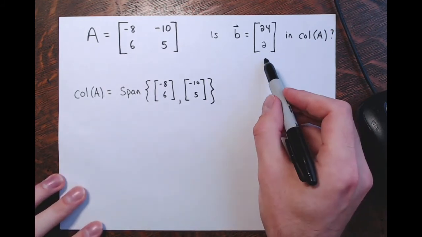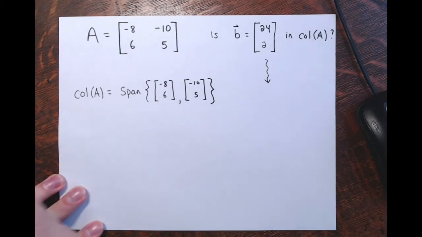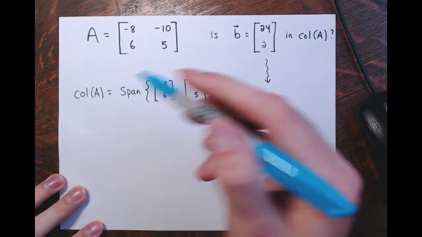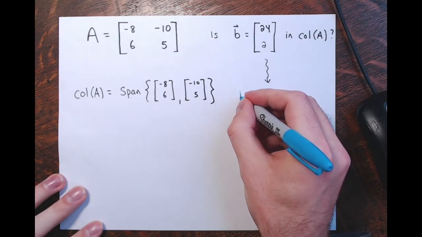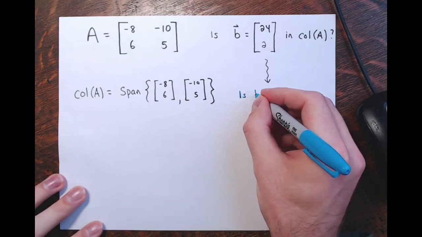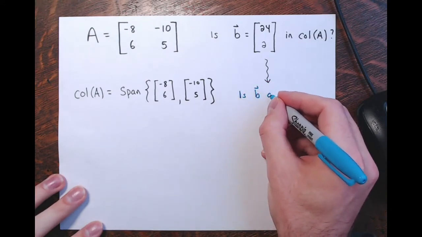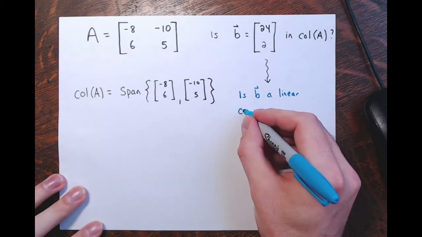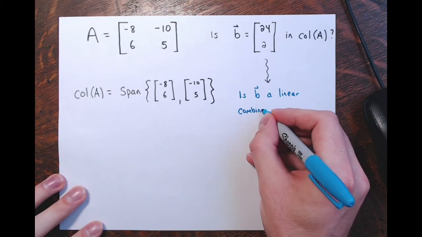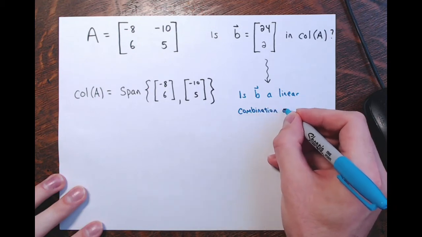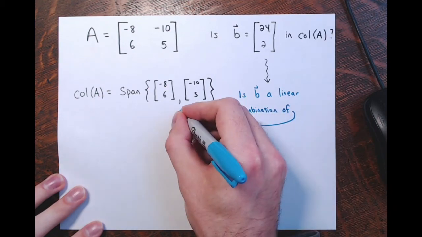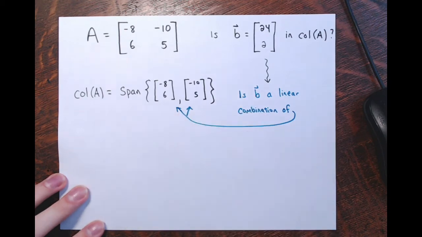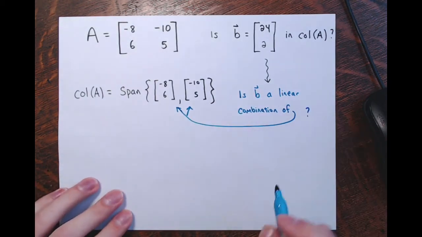So another way to ask this question would be, is b a linear combination of these two vectors? Okay. Same question.